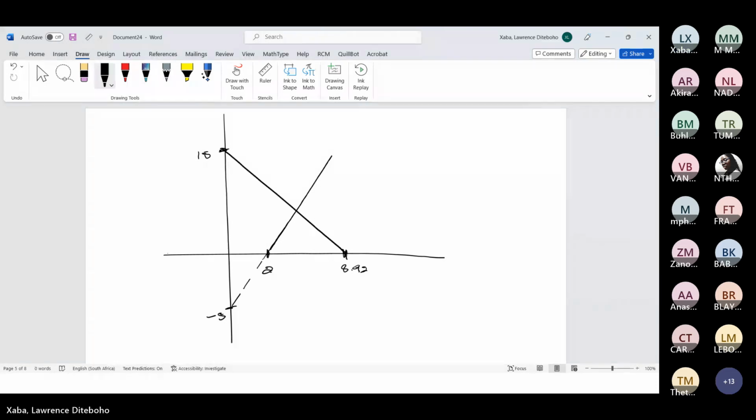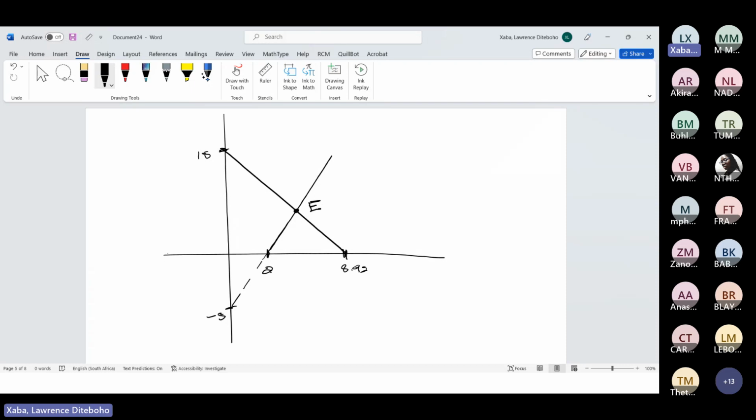Okay. So these two lines, they intersect here. For now, this intersect is unknown. So for us to find this intersect, what do we do now? We have to use the two equations that intersect at this point.